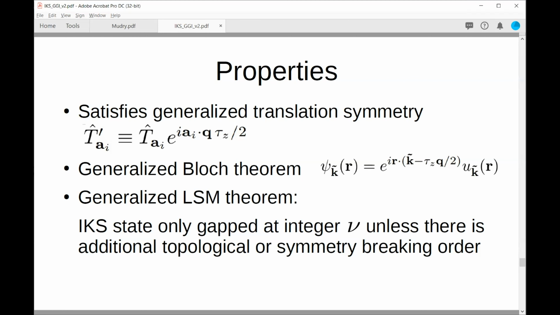Can I ask a question? Yeah, please. So the Kekule order in ordinary graphene, you can make a defect, and there's a fractional charge at the defect. Is this also the case for the IKS state?